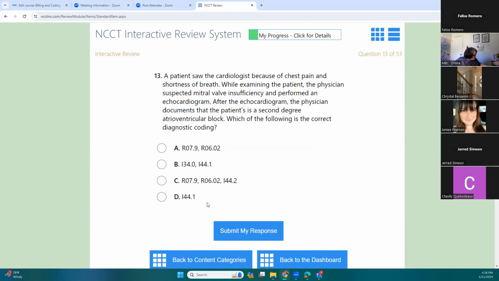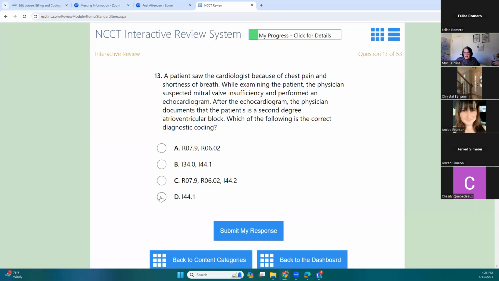There you go, second degree. Okay, so let's read it. He saw the cardiologist because of chest pain and shortness of breath, right? But why does he have the chest pain and the shortness of breath? It's because he has an atrioventricular block, and it's a second degree.